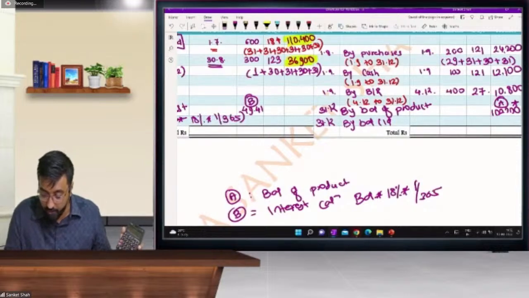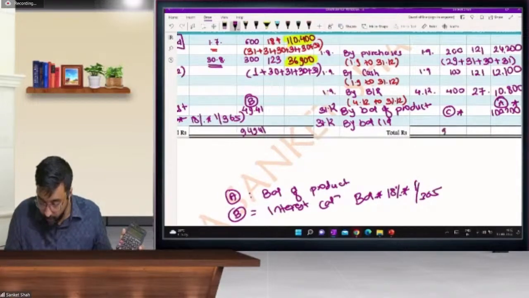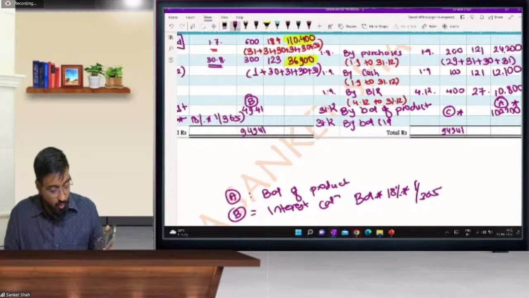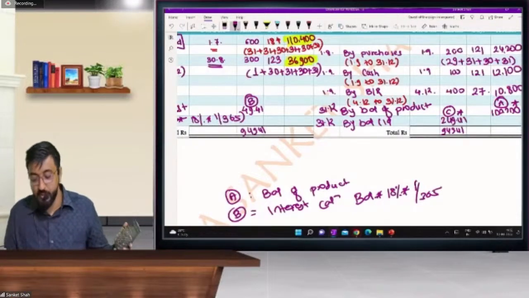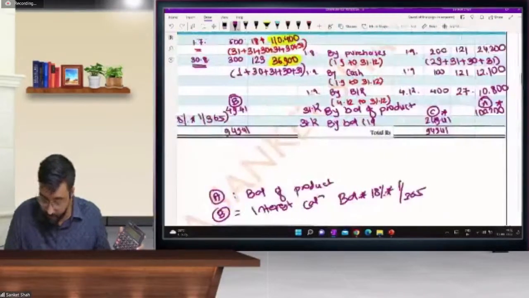Sorry, not here, here in the amount column, 949.41 minus 700, 249.41. So if your answer is correct, here the total is 147,300.